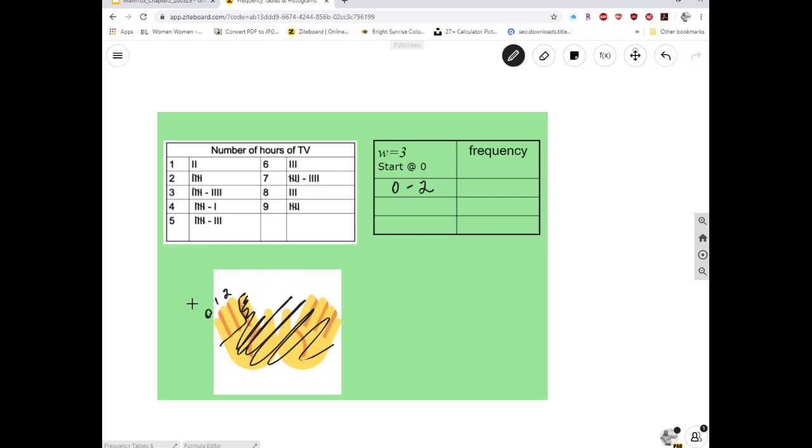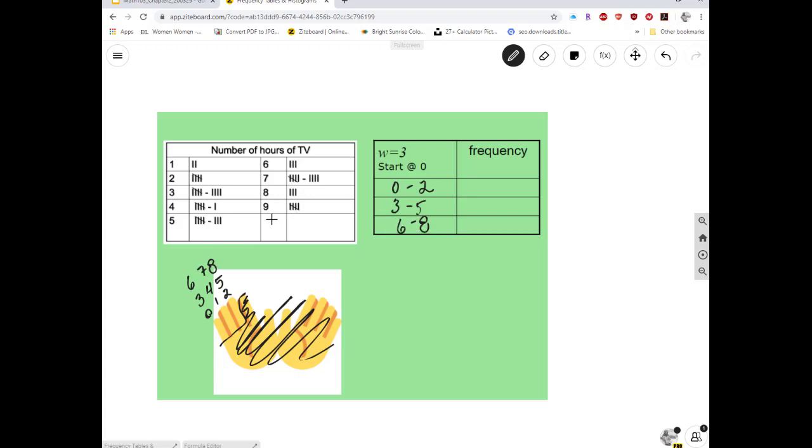The next one is going to be 3, 4, 5. So that interval is 3 to 5. The next interval is going to be 6, 7, 8. So we're going to go 6 to 8.